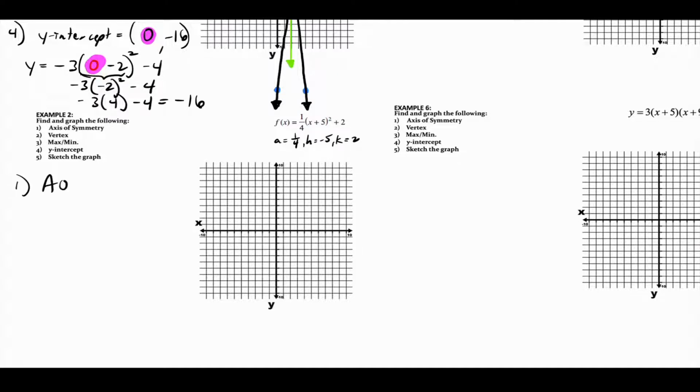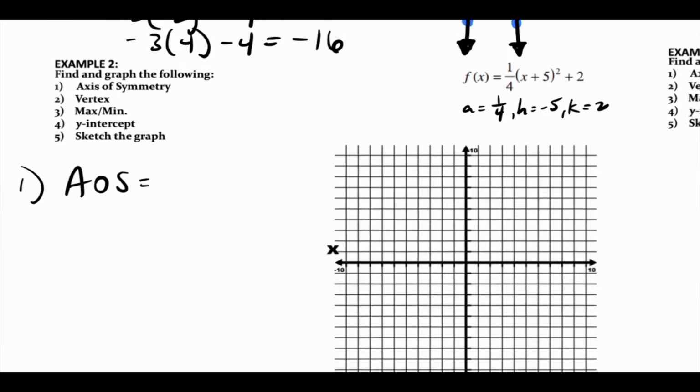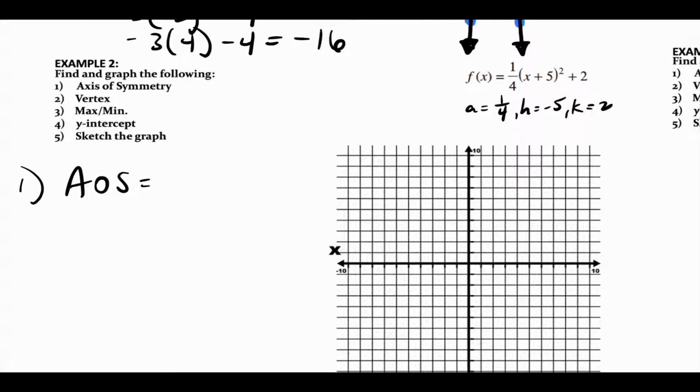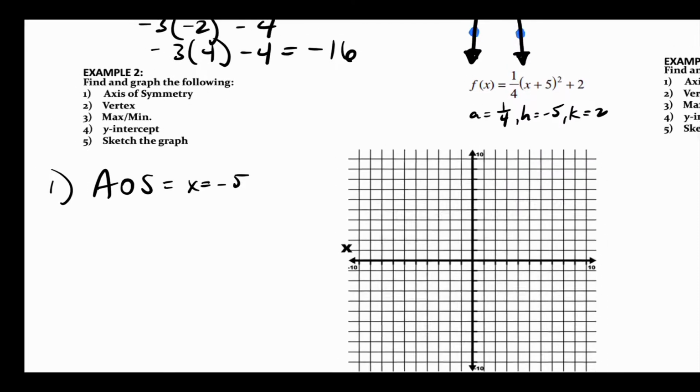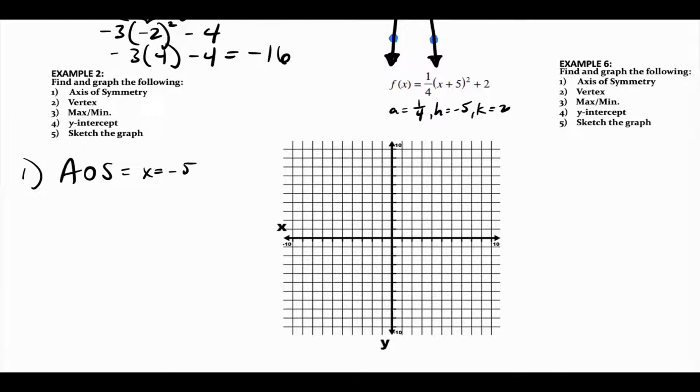Axis of symmetry. Axis of symmetry is always H. So whatever H is, -5. So let me go make that mirror, that green line. Okay.